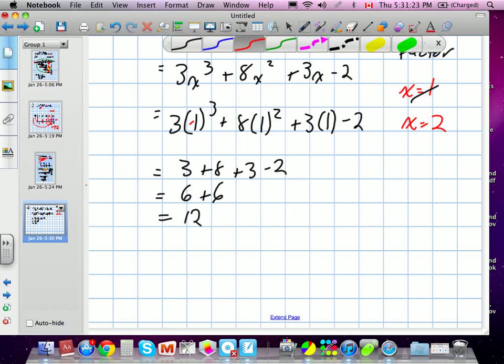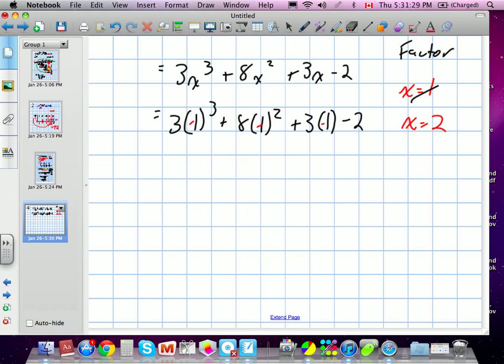This will end up being negative 3. This will still be plus 8. This will be negative 3 minus 2. Yes. Negative 6 plus 6, 0. Perfect. So x equals negative 1 is one of our answers, or one of our factors. So let's go through our synthetic division again, right? Because it's a nice fast way to do these things.